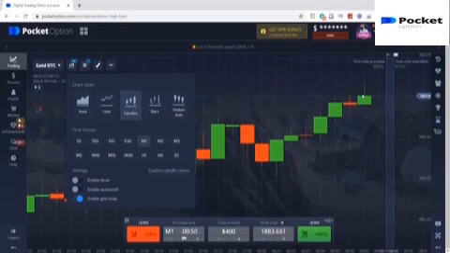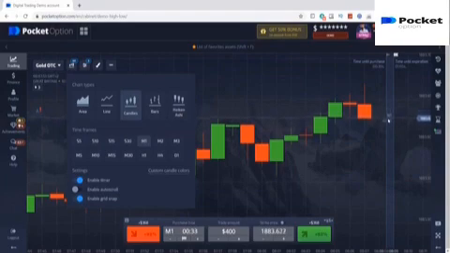The only thing I know is that it's going to end in a minute, but I don't know how many seconds it has left. So you always want to enable this timer. And then as you can see, on the 1 minute time frame here, it says M1, and I have 3 seconds left until this candle closes.